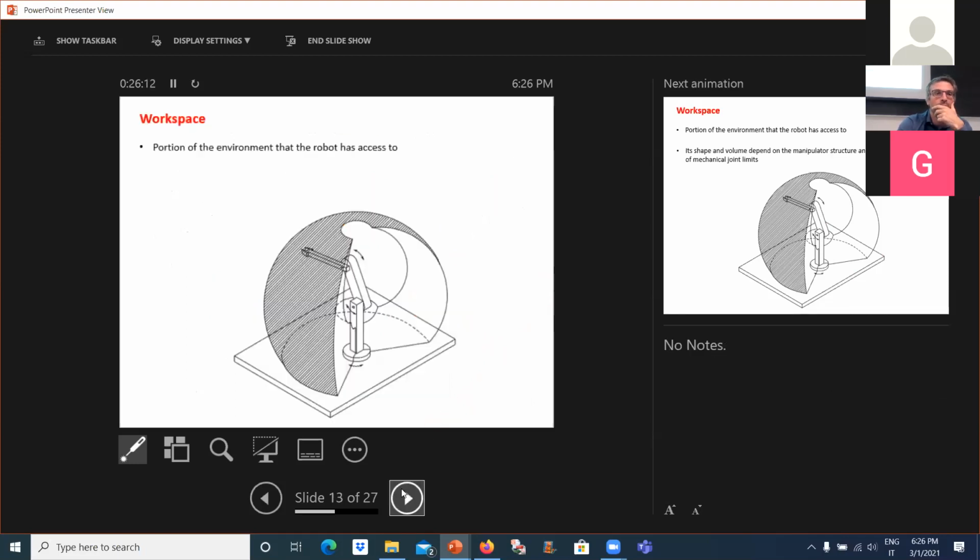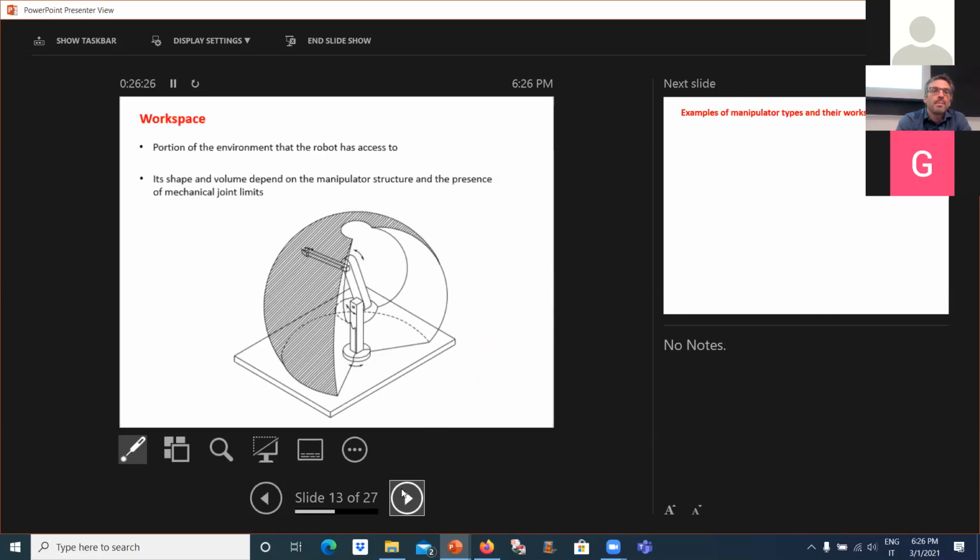So if we talk about workspace, the workspace is the portion of the environment that the robot can have access to. This really depends on two factors. One is the kind of joint that the robot has, revolute or prismatic or a combination of both, and the presence of kinematic limits.